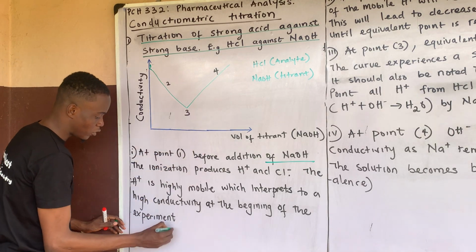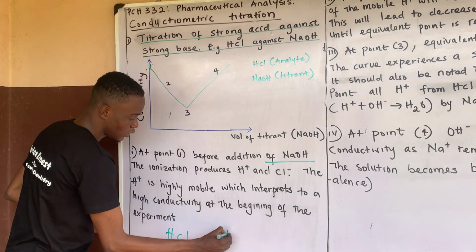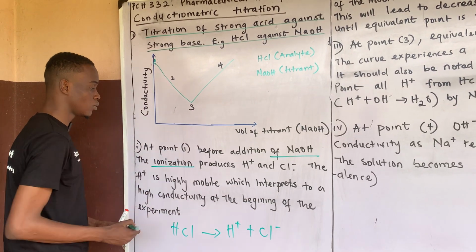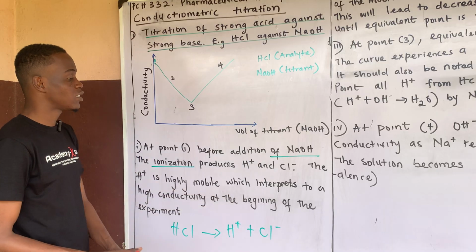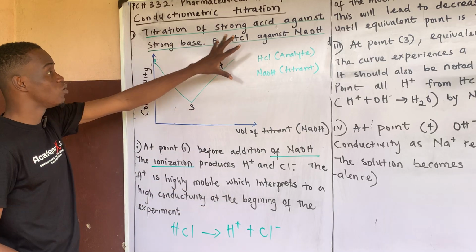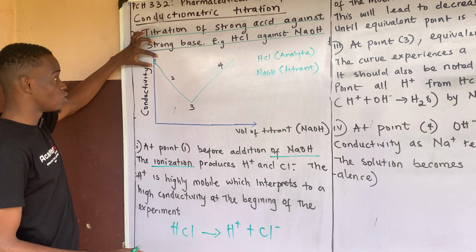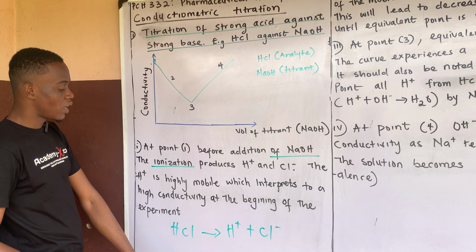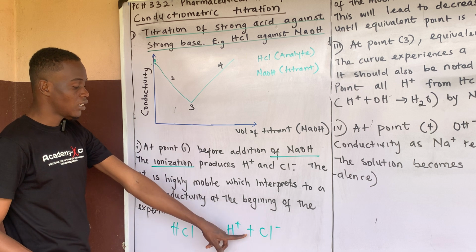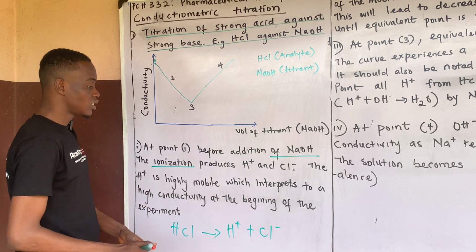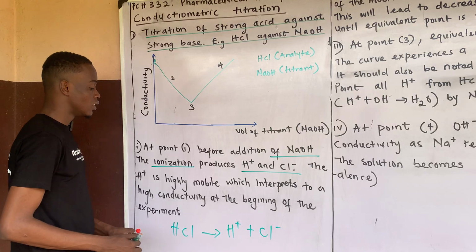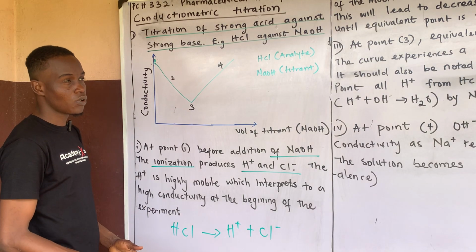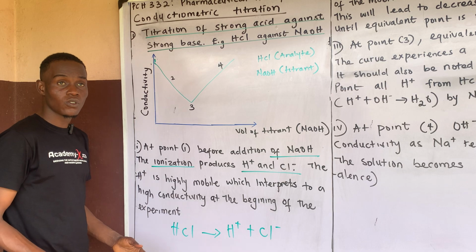This HCl will ionize to form H plus and Cl minus, because the solution is only made up of HCl at point 1. NaOH is not added yet. Now, as we've said, the mass of the ion is connected with the conductivity of the solution.